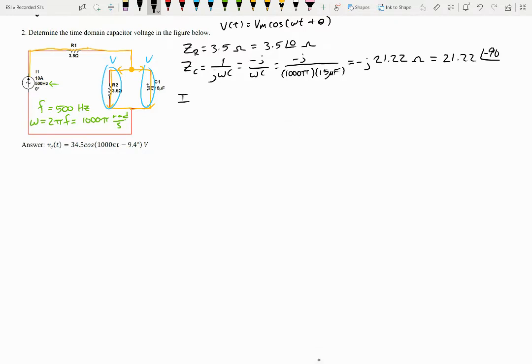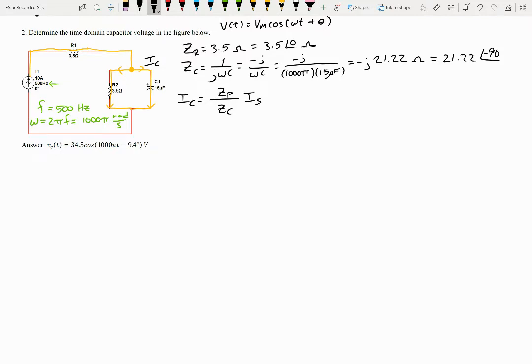I'll call this one IFC on the side. So IFC is going to be equal to Z parallel over ZC, multiplied by the current source, which we'll call IS.